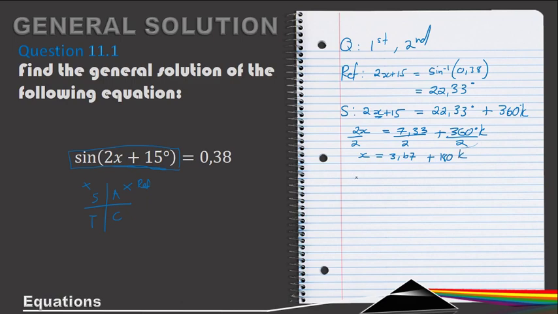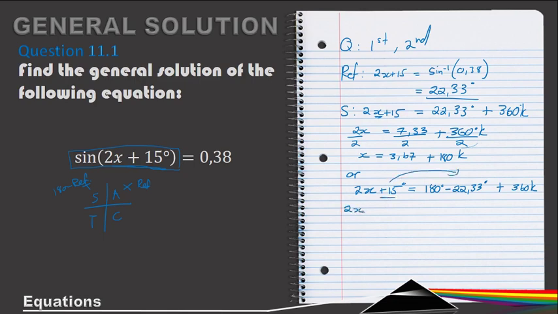And then for the second quadrant, which is 180 minus the reference angle, I just say, okay, 2x plus 15 is equal to the 180 degrees minus my reference angle, which is 22,33, plus my period, so that's 360k. Right, now we just need to solve x from here. So the first thing I'm going to do is to take the 15 over.